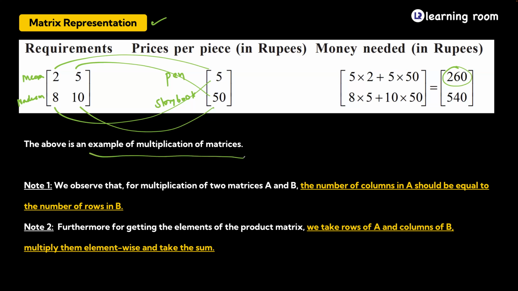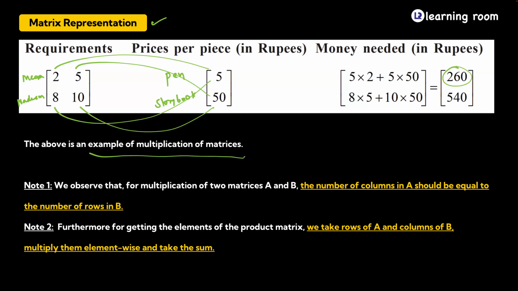So what are we able to observe? The main point that we need to observe for matrix multiplication is this. When it comes to matrix addition and difference of matrices, what is the important condition that needs to be satisfied? Both the matrices should be of the same order, right? If not, you cannot perform the operations. Now the question is, what should be the condition for matrix multiplication to take place?